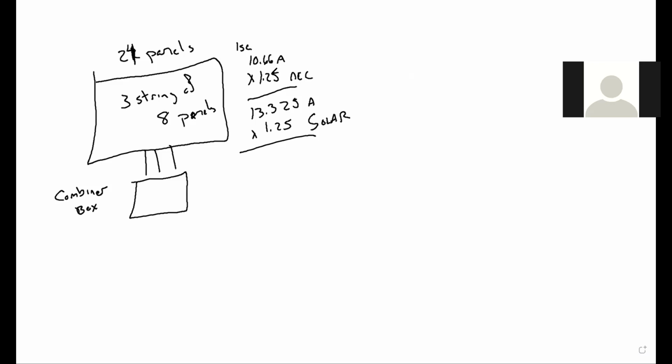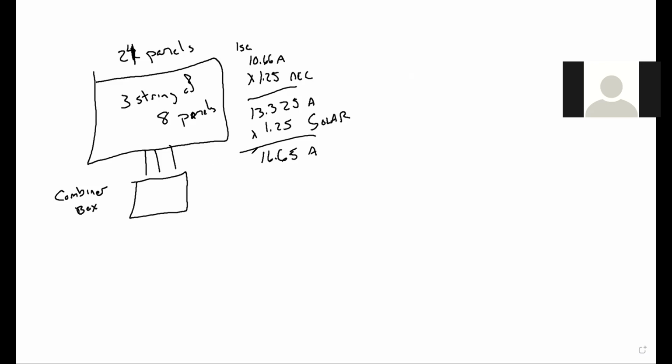At the solar constant, out at the outside edge of the atmosphere, it's around 1,300 watts per square meter. So we can get more amps. So we'll take this times 1.25 and we end up at 16.65. So our wire has to be sized to handle 16.65 amps, even though it's actually going to be carrying a little bit less than 10 under normal circumstances.